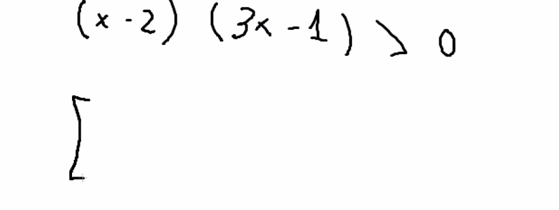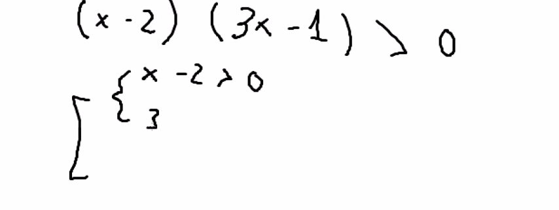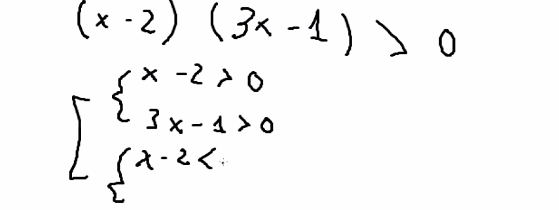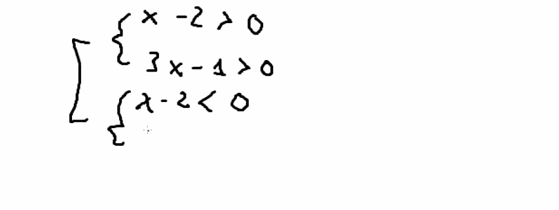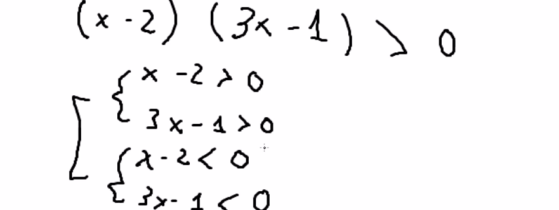The first one, that's x minus 2 is greater than number 0 and 3x minus 1 is greater than number 0, or x minus 2 is smaller than number 0 and 3x minus 1 is smaller than 0 in here.